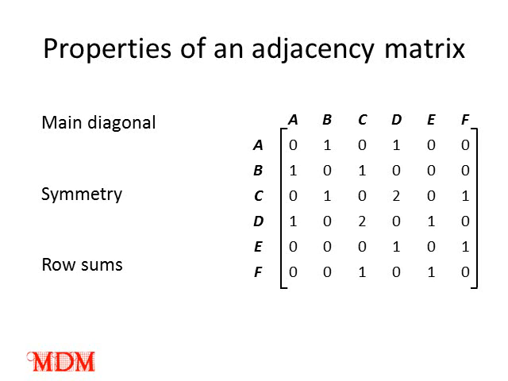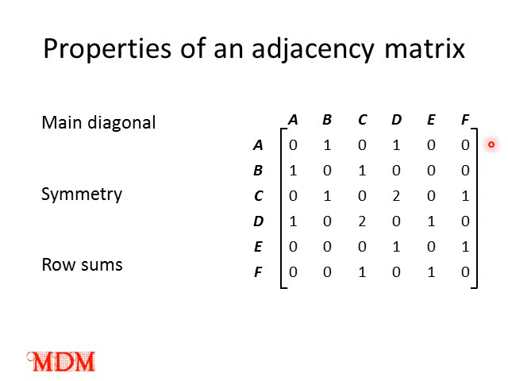So what do the row sums tell us? Since each of these entries represents the number of edges from the two vertices that are being referenced, what the row entry sums will tell us is the valence of that particular vertex.